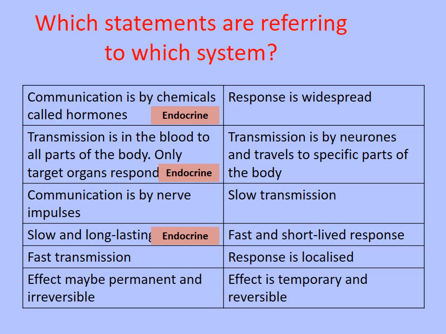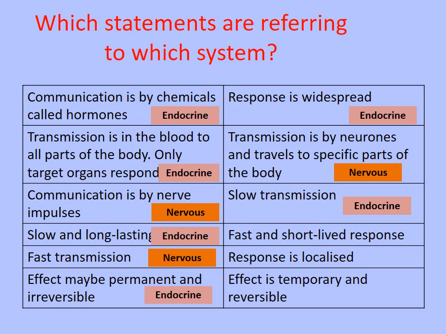Long and slow lasting response, endocrine. Permanent irreversible effects, endocrine. Slow transmission, endocrine. Widespread response, endocrine. Nerve impulses is of course nervous. Fast is nervous. Neurons in specific parts of the body would be nervous. Fast and short-lived, nervous. Localized response is nervous. Temporary and reversible effect is also nervous.